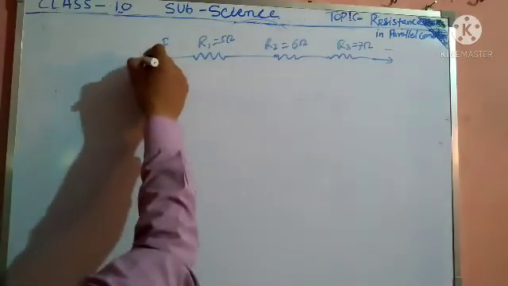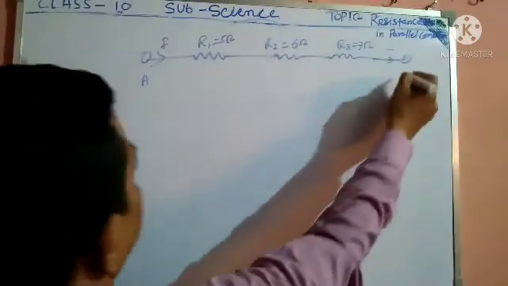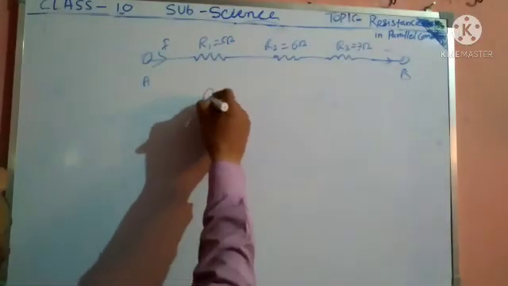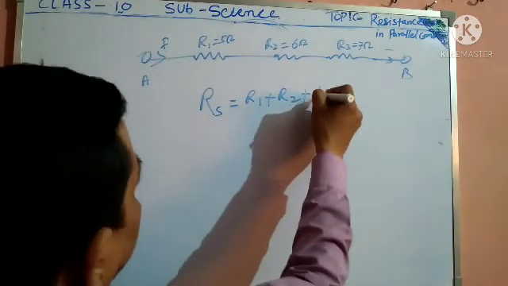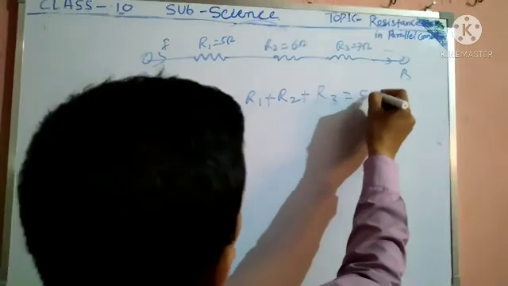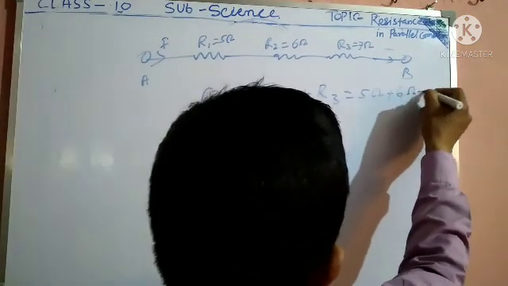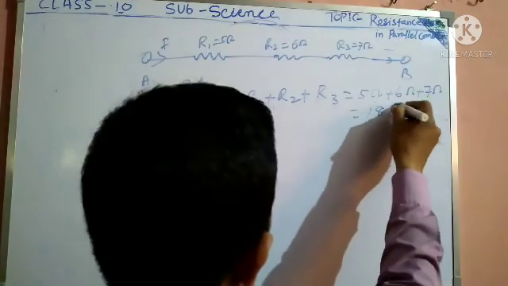In series, R series is R1 plus R2 plus R3, so that is 5 ohm plus 6 ohm plus 7 ohm, which is 18 ohm.